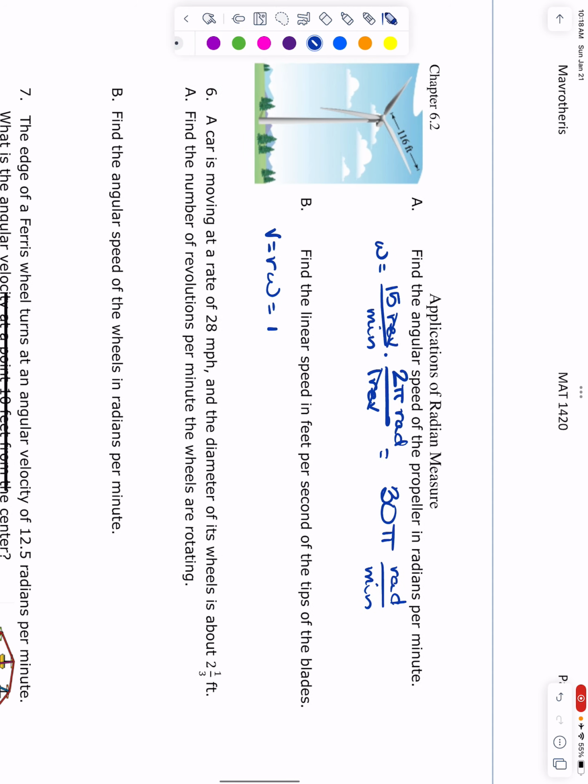We know our radius from up above is 116 feet. We know our angular velocity, what we just found, is 30 pi radians per minute.